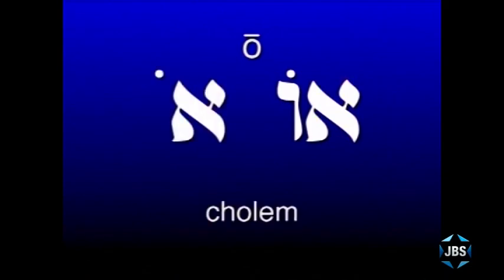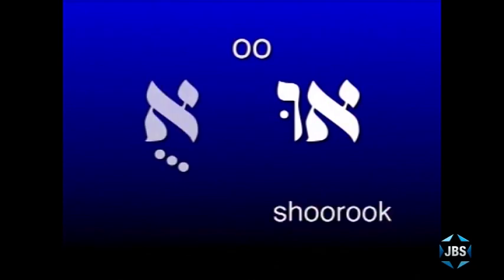Here you have the o, the cholam malei, o again, without the vav under it, cholam chaser, u, a vav with a dot inside, the shuruk, and another way to write u, three dots from left to right going down, the kubutz, u.